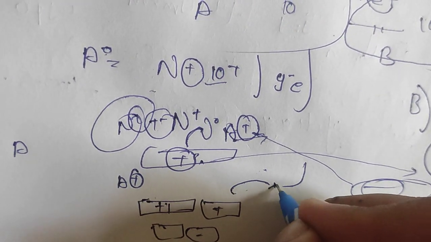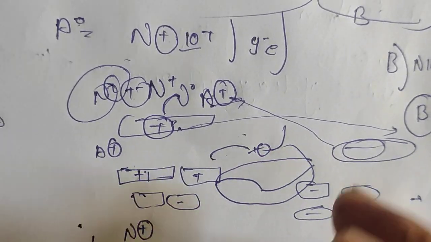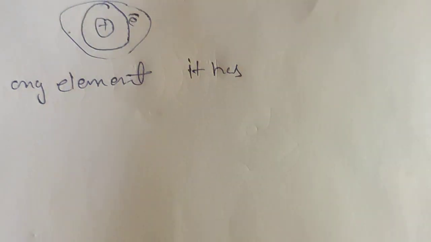The positive and negative together create a zero.